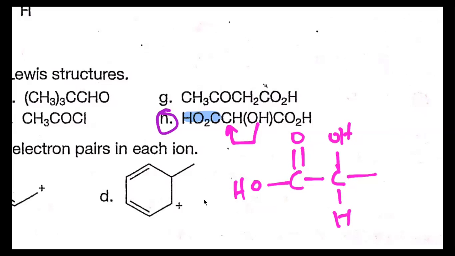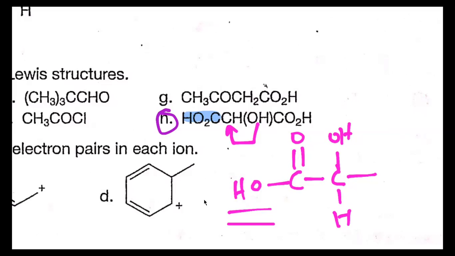Question, is there a reason why you wrote HO for the carbon to the left? Not why I didn't write it like this? Does it matter? I'm talking about the one to the left over there. Yeah, that's a convention.